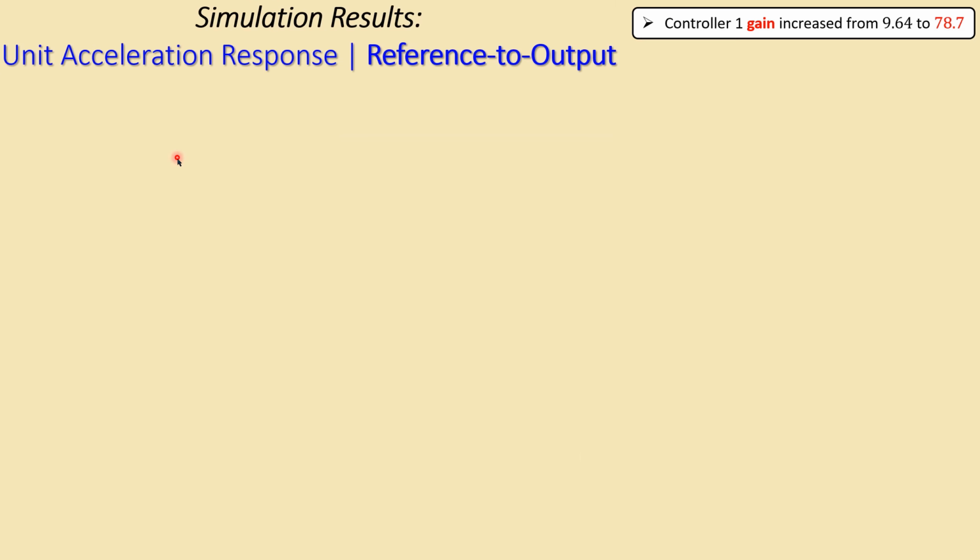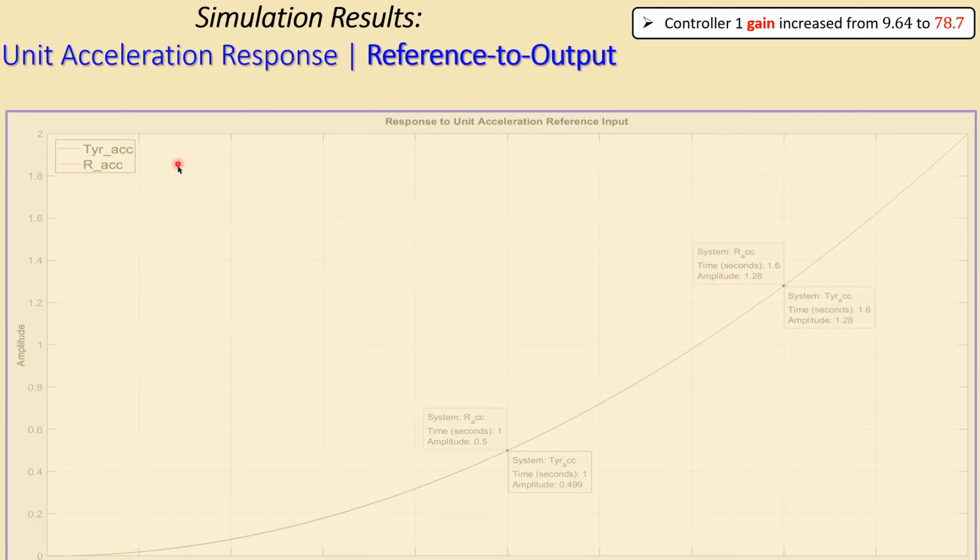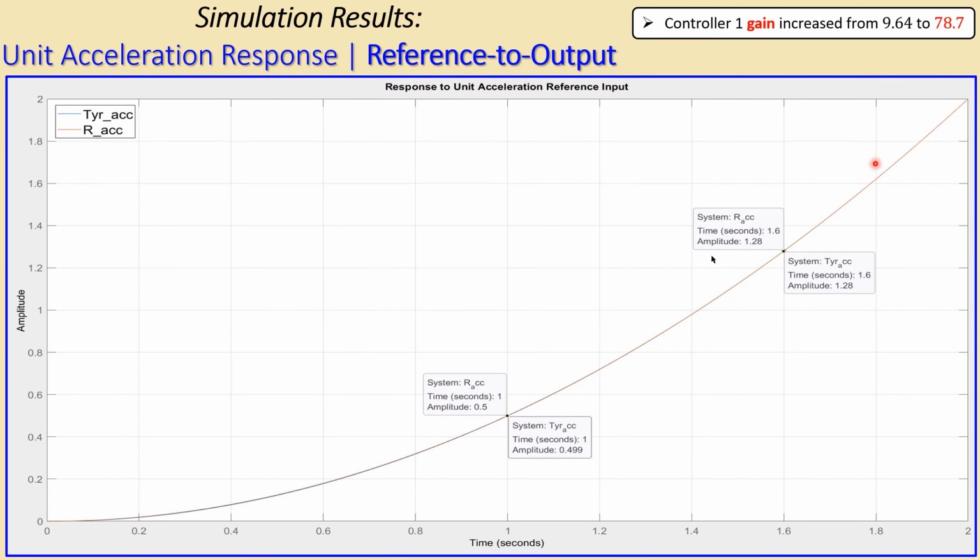Now looking at the acceleration response, again the plot is shown here, the orange line and the blue line are almost on top of each other, you cannot discriminate them. But you can see again at 1 second I see 0.5 for my reference input, but my amplitude for my response is 0.499, so not 0.5 but close.